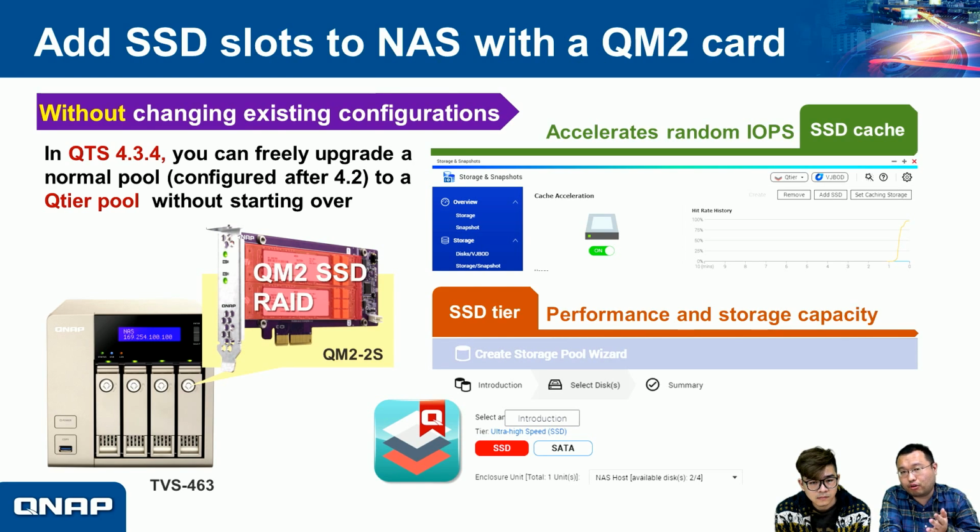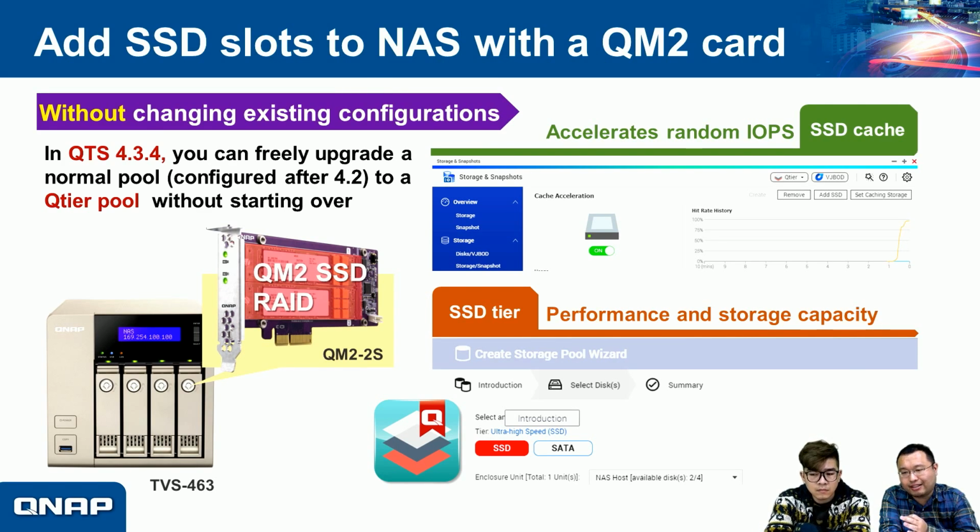After you have installed a QM2 card onto this NAS, QTS will instantly recognize that the NAS now has dual M.2 SSD slots. With that, after you have installed the QM2 card and SSDs, you can set up the SSD cache to make random IOPS and random transfers much faster. For example, database transactions can be sped up.